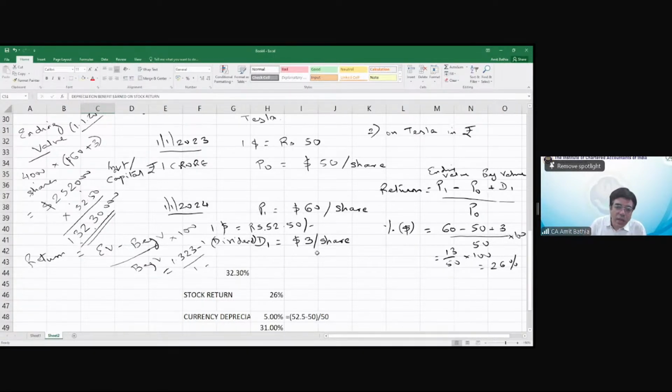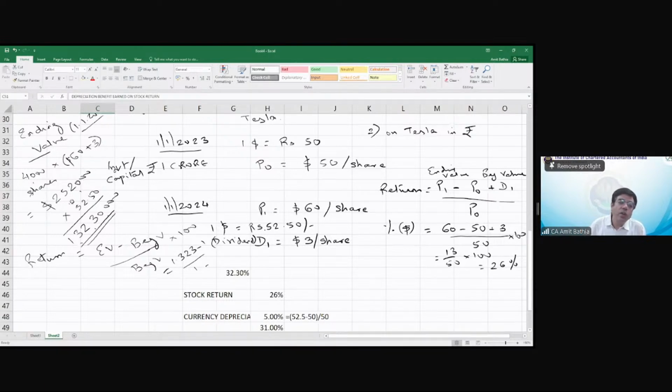So at the end of the year, to find the ending value or terminal value of my investment, I get 4,000 shares into $60 plus $3 received as dividend, so $63 per share.